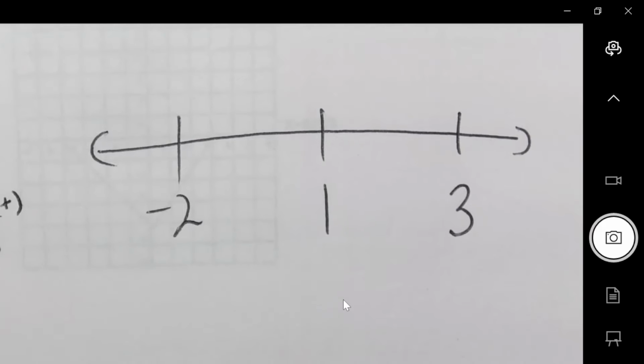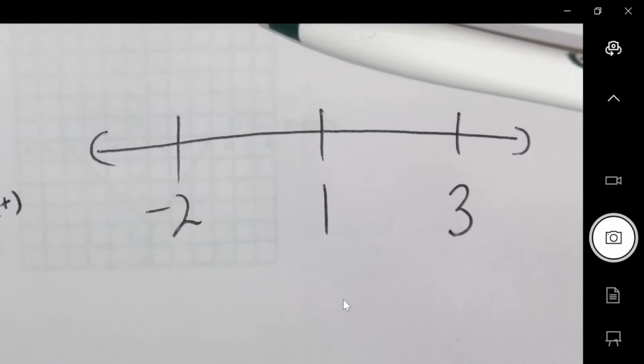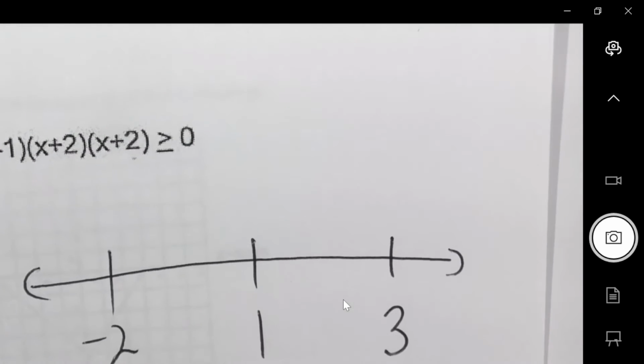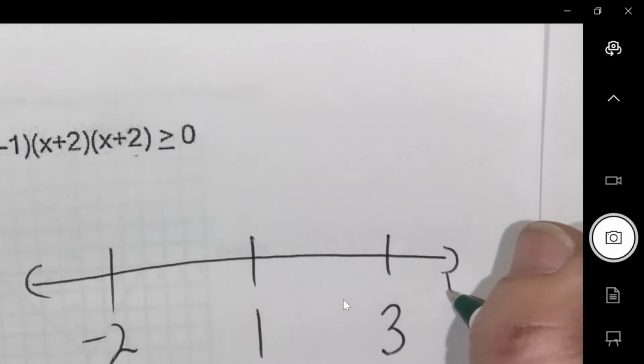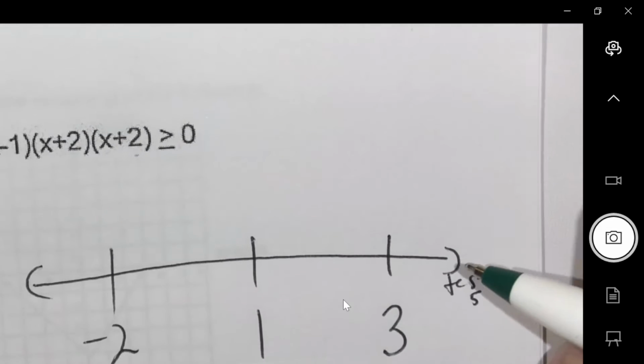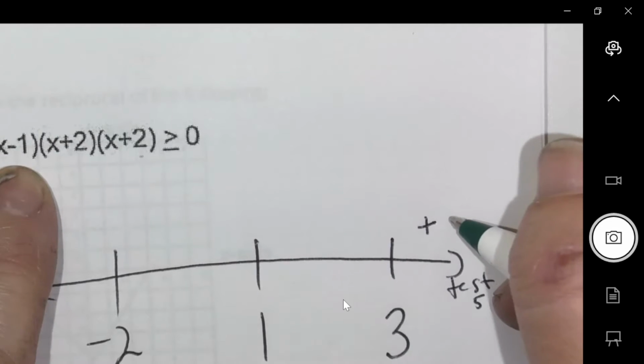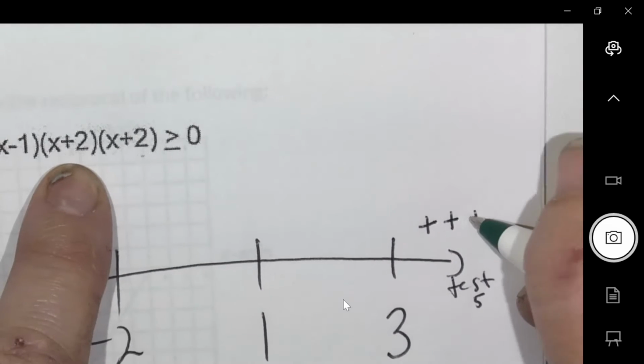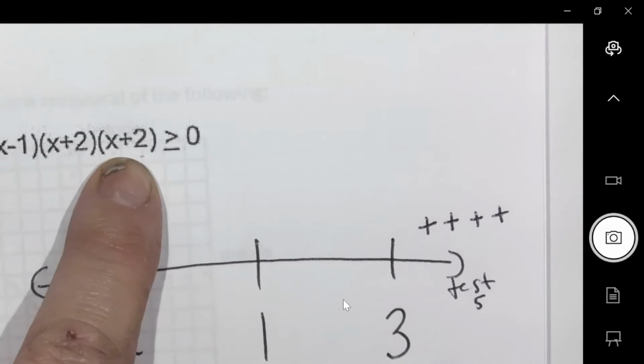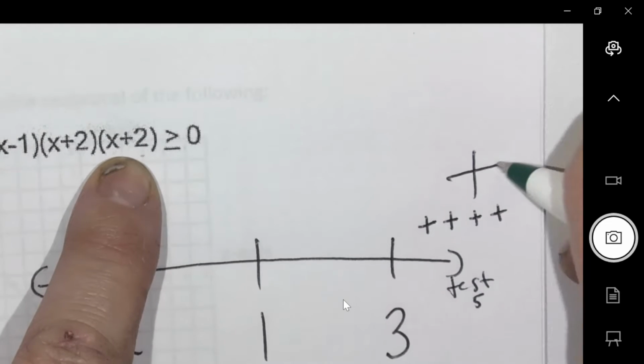When I'm doing a plug-in, I'm going to have 4 things getting multiplied though, right? There's 4 brackets. Okay, so I'm going to test 5. 5 minus 3, positive. 5 minus 1, positive. Positive, positive. 4 positives.